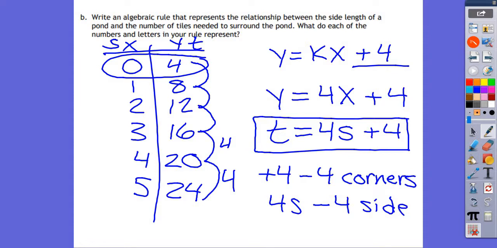So it makes sense then. That is all what B was asking for. So I had to bring my table back to 0, and this number was my magic number of what I needed to add or subtract to my equation, since it was not proportional.